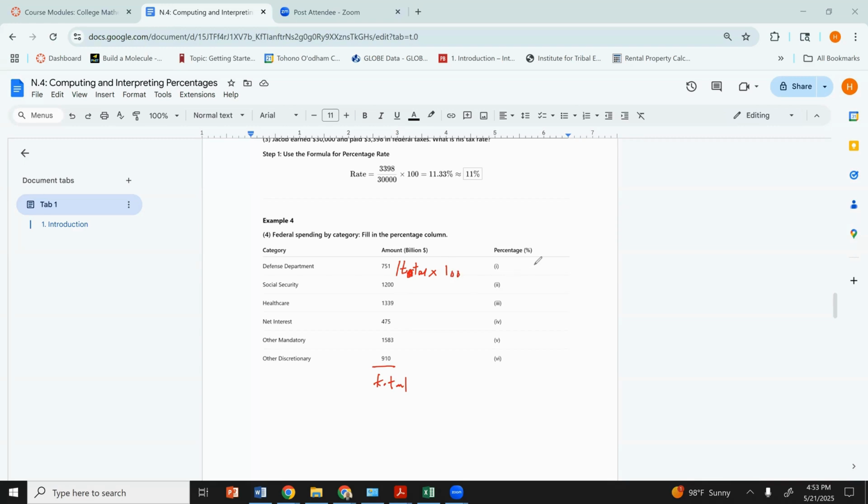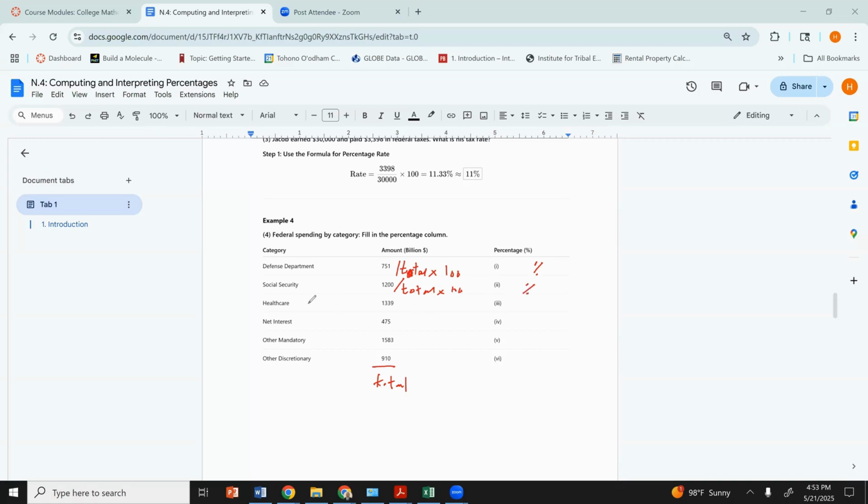All right, that's going to give you 7% here. And then you do that again for the 1200, so 1200 divided by the total, times 100. So that's going to give you another percentage here.